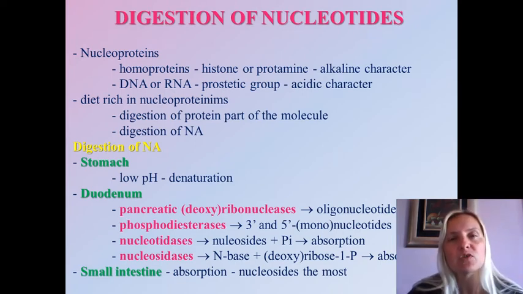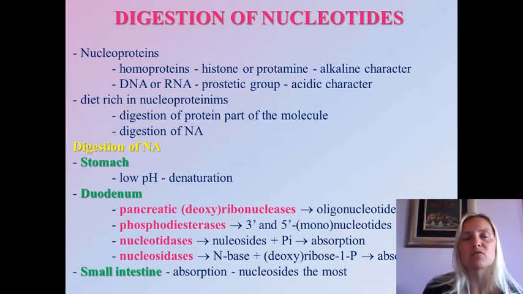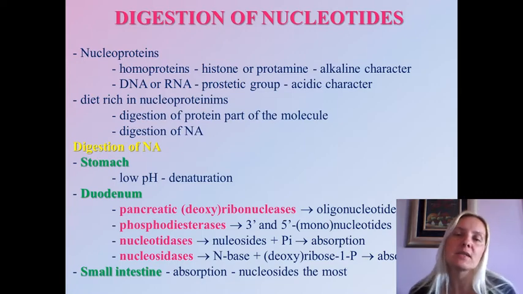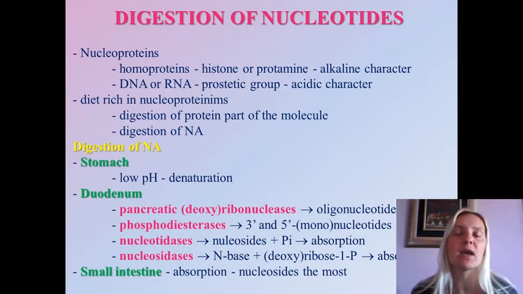So we have to follow the digestion of nucleoproteins in two separate pathways. The first pathway is digestion of the protein moiety of nucleoproteins, and those protein moieties are actually subjected to the identical digestive pathway as we have discussed for all other protein molecules.